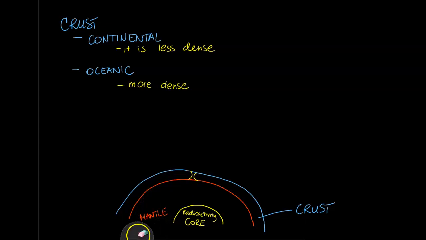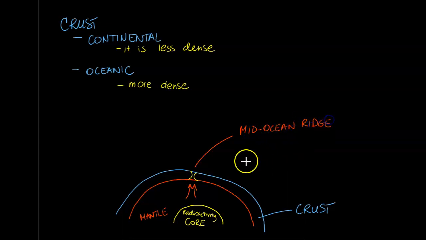Anyways, there's a break in here which will allow for some material to come up from the mantle and show up at the surface. What we have in here is one of the mid-ocean ridges. That's where the two oceanic plates are coming apart.